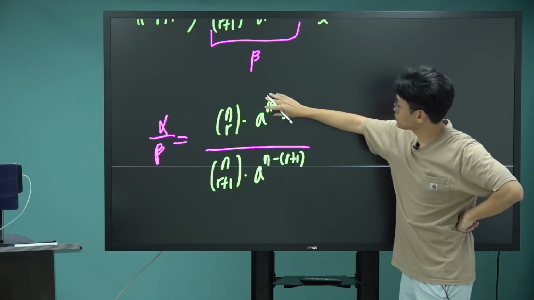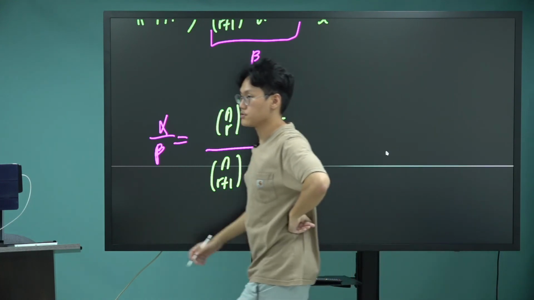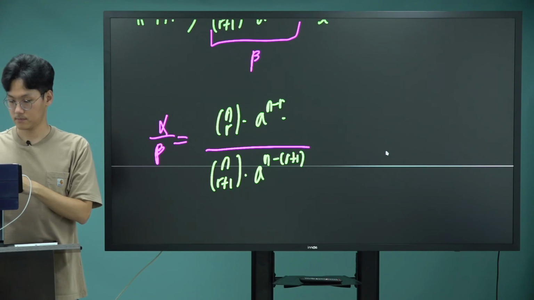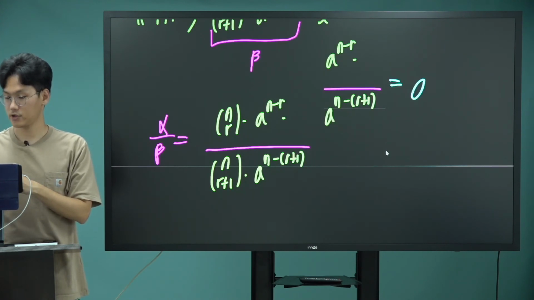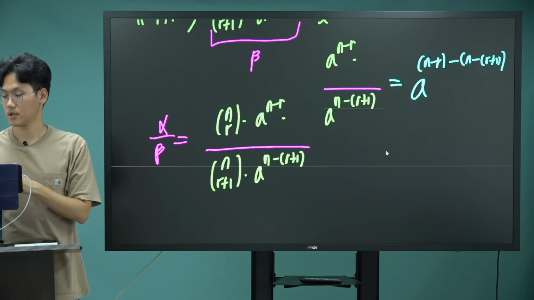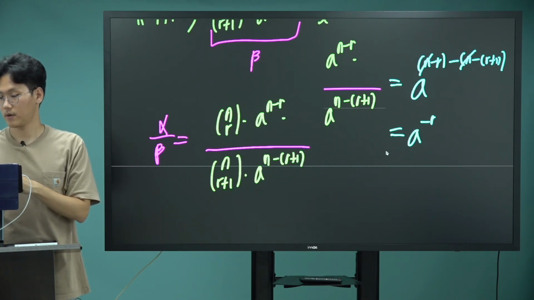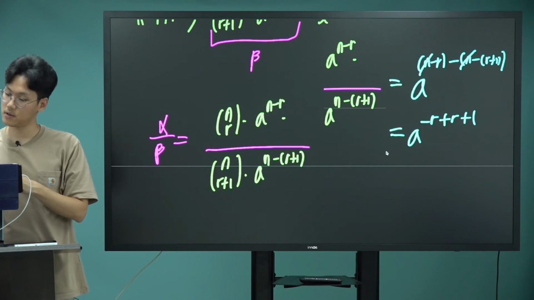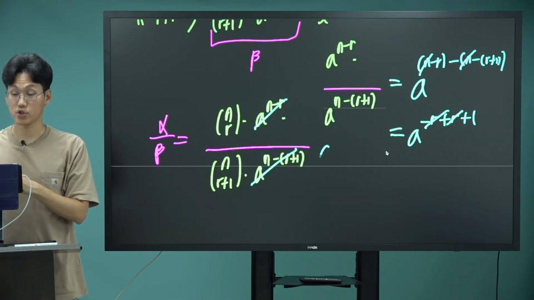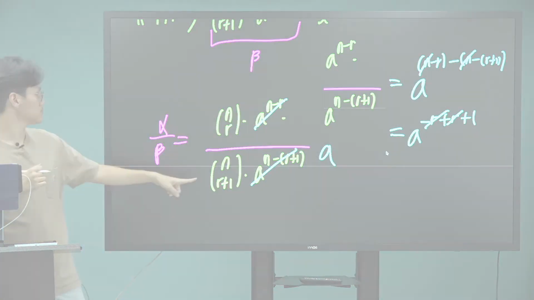So if I merely just work on this, that's the same as a to the power of n minus r minus n minus r plus 1, you see? Which then n cancels out. A to the power of negative r plus 1 cancels out. So this ends up being just a. No problem.